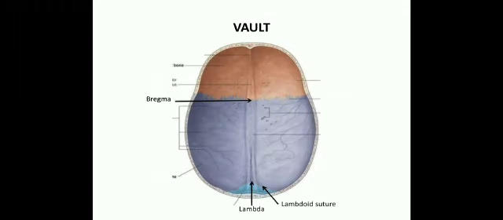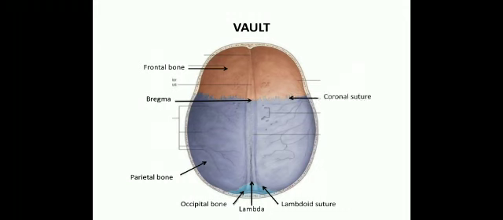Now the interior of the vault. The bones present here are the frontal bone, the parietal bone and the occipital bone. Between the frontal bone and the parietal bone we have the coronal suture, and between the two parietal bones we have the sagittal suture.